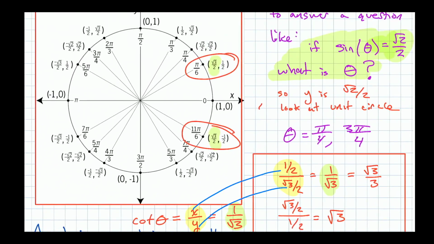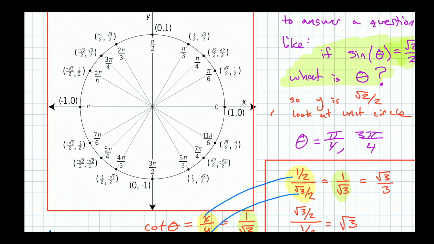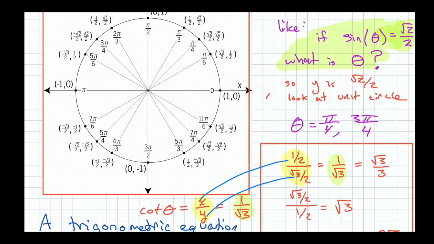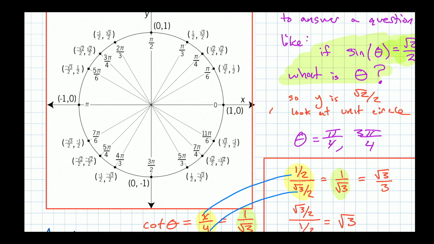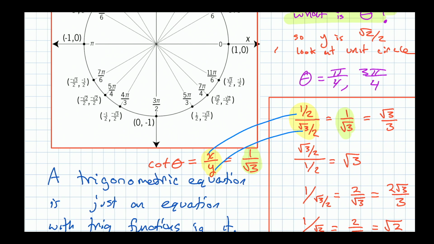Where is that? Let's erase these. X is 1/2. Y is square root 3 over 2. All right, I found one. Here. That's where x is 1/2 and y is square root 3 over 2. But there is another answer on here, because another way to get that, imagine if the top was negative 1/2 and the bottom was negative square root 3 over 2.